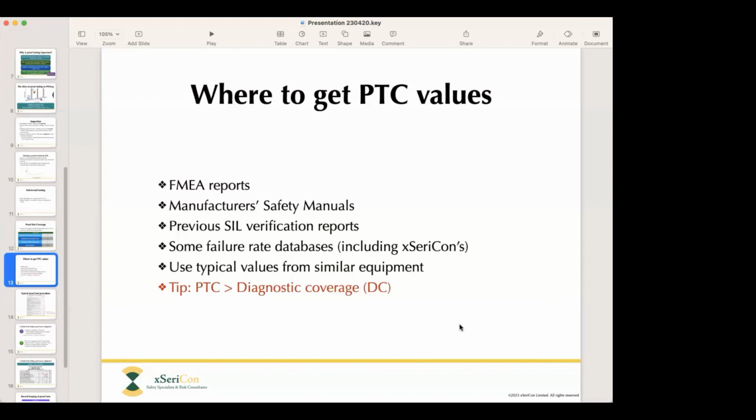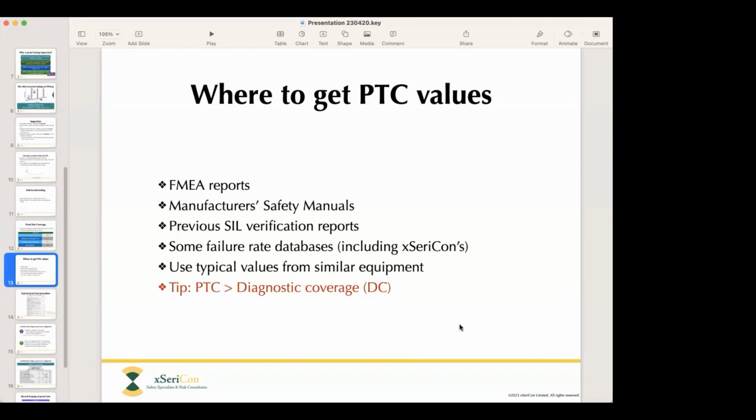So where do you get those proof test coverage values from? Well, you can always ask us, because we will provide you with guidance whenever we can. But some source materials that you can use to get reasonable values, the gold standard, the best place to get it from, is to find the FMEA report relevant to the equipment that you're using. FMEA is failure modes and effects analysis.